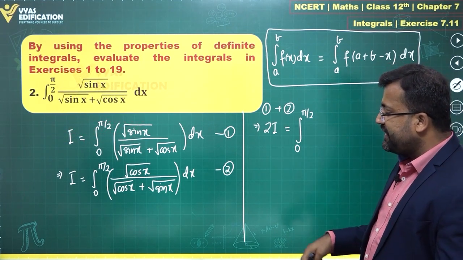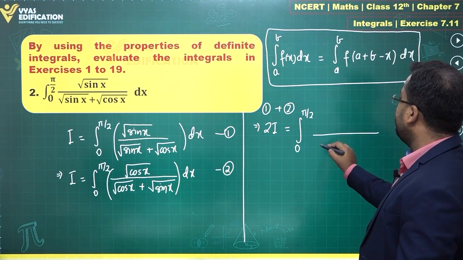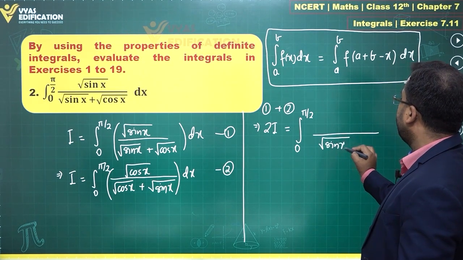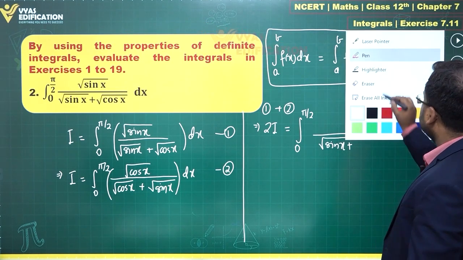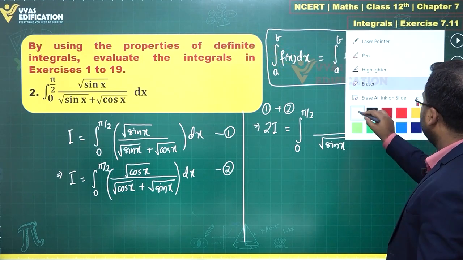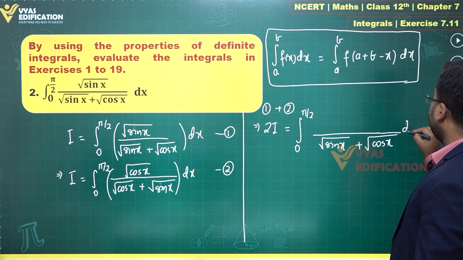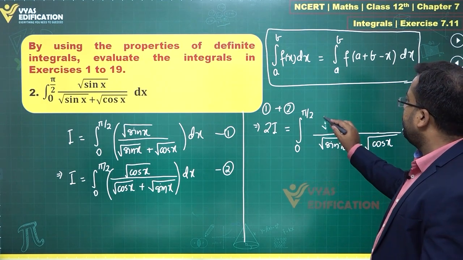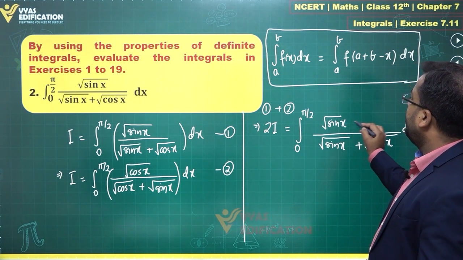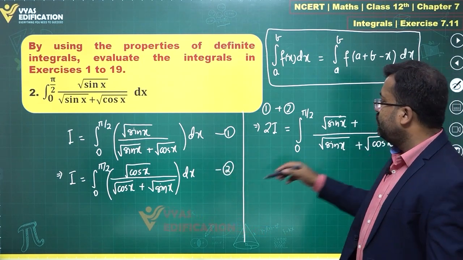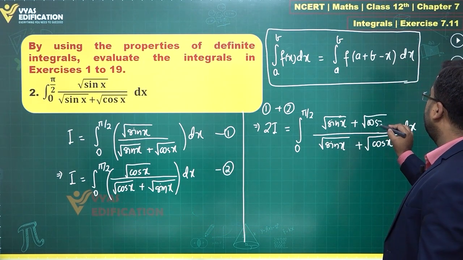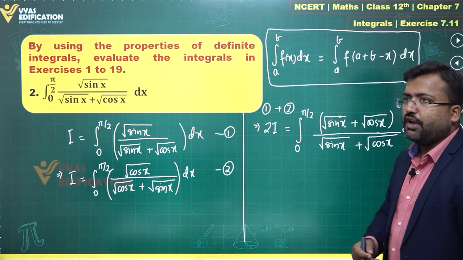Therefore, I can add the two functions, and since the denominator is root sin x plus root cos x for both, the numerators will get added. In the numerator, for the first I have root sin x, and the numerator of the second is root cos x. This is what you get.